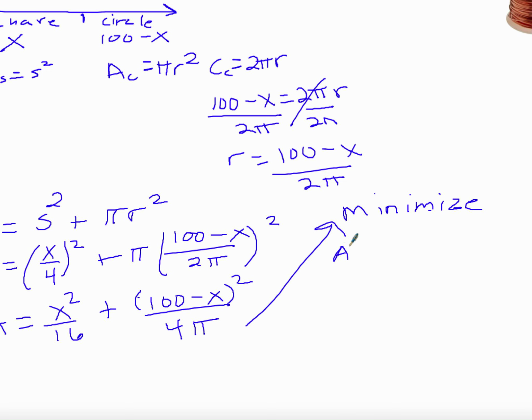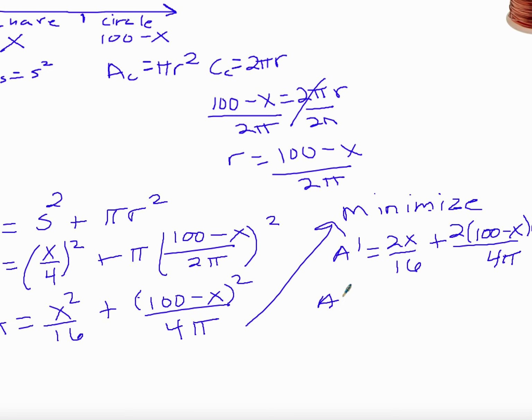So first derivative, I'm going to get 2x divided by 16 plus 2 times (100 minus x) to the first power divided by 4 pi. And then, because of the chain rule, I have to multiply by the derivative of what's inside. So that'll give me -1.